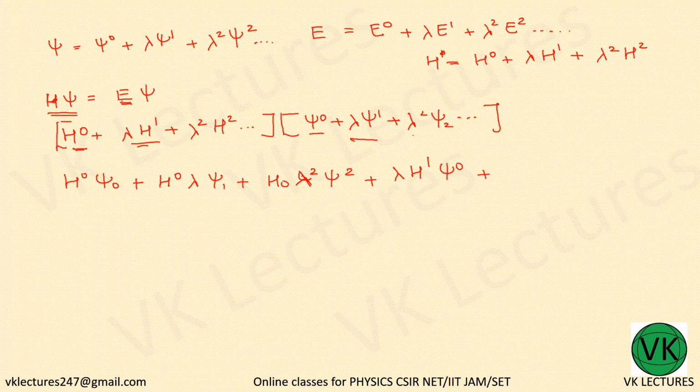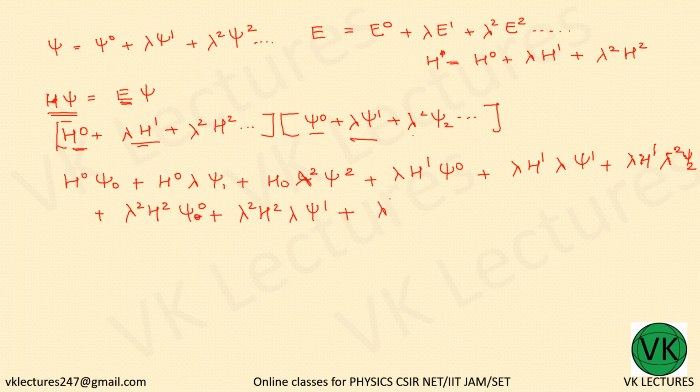Now lambda H1 will go with lambda psi 1, plus lambda H1 will go with lambda square psi 2, plus lambda square H2 will go with psi naught, plus lambda square H2 will go with lambda psi 1, plus lambda square H2 will go with lambda square psi 2. So it goes on.